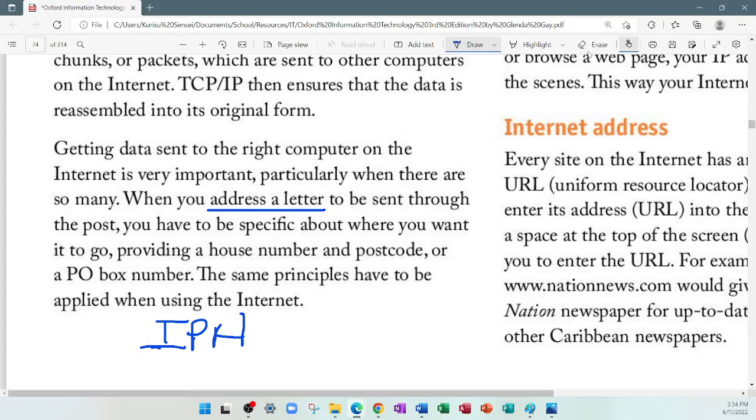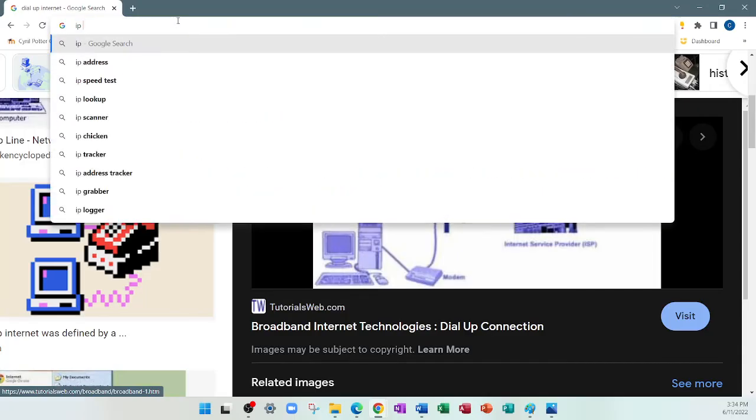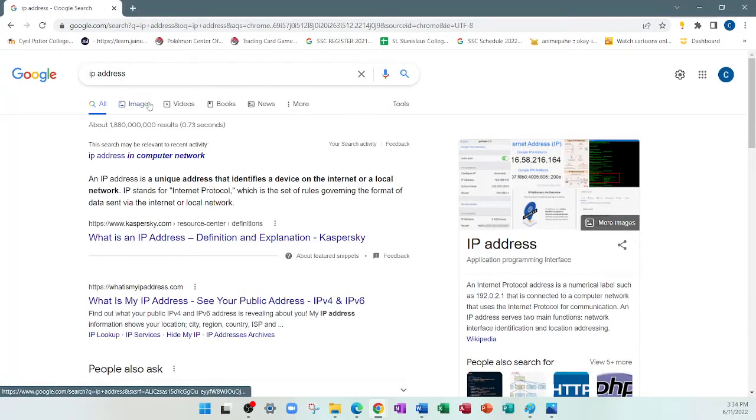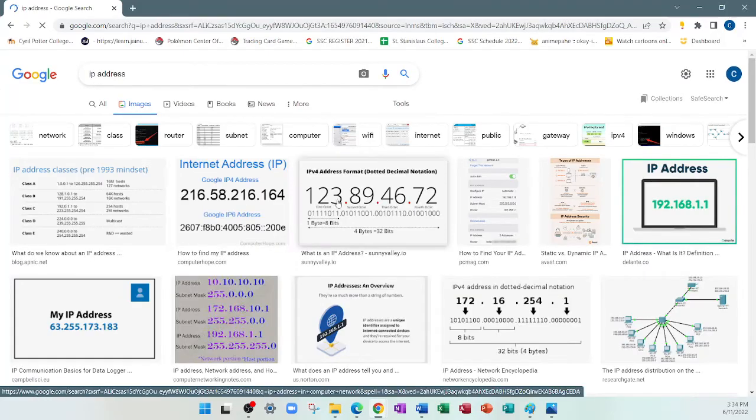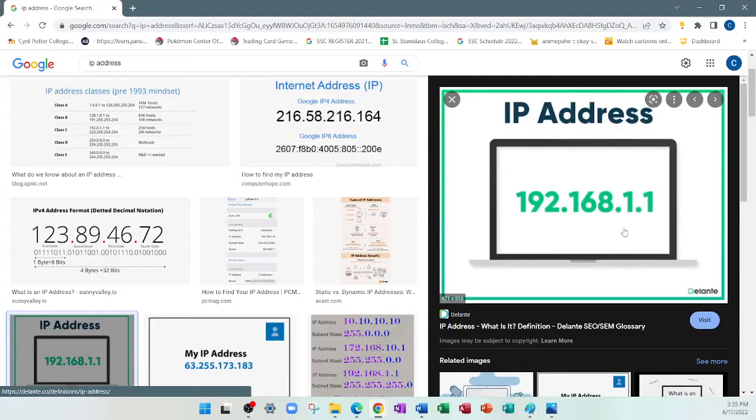Pretty sure some of you have heard about this before. The IP address. So basically, the Internet Protocol address. And I'm pretty sure some of you know about some of them, such as the ones on your network, 192.168.1.1.